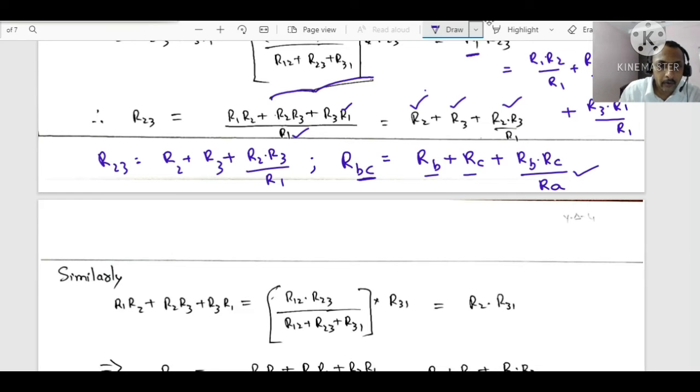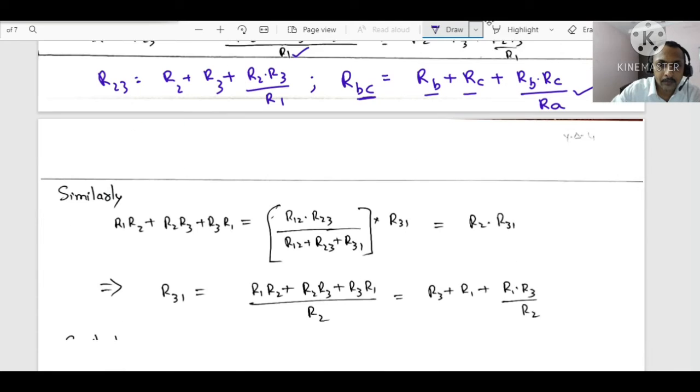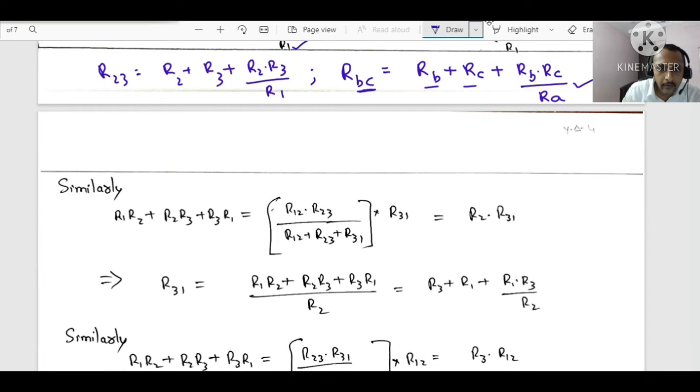Similarly, now that R23 is completed, we will do it for R31. You separate R31. For the remaining terms, you place the bracket. Whatever is in the bracket is equal to R2, just from the first step. Now R31 equals R1 into R2 plus R2 into R3 plus R3 into R1, whole divided by R2.